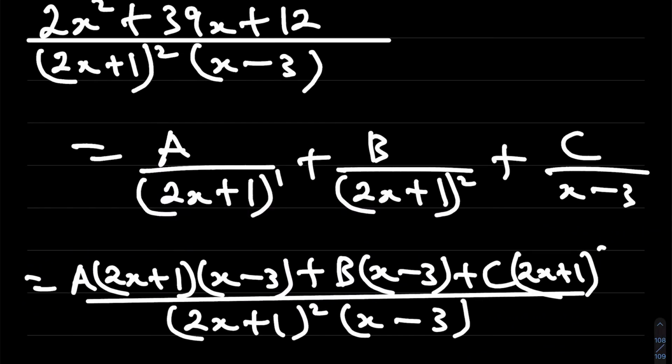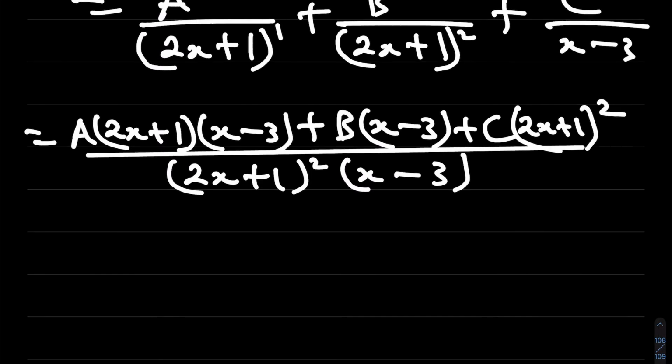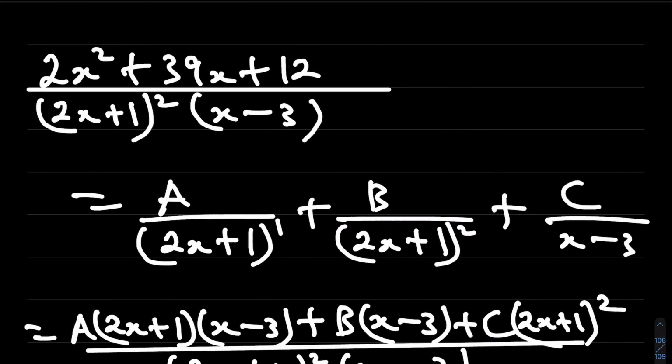Plus c times (2x plus 1) squared. And that simply means the numerators are equivalent.